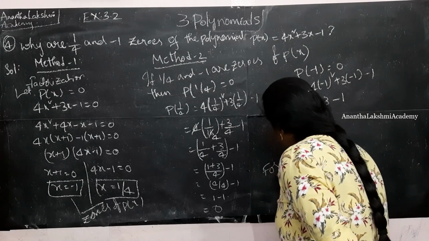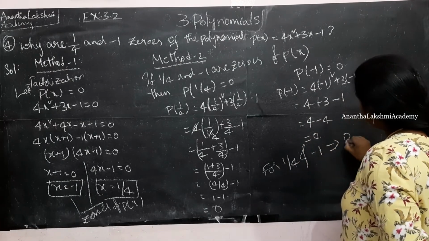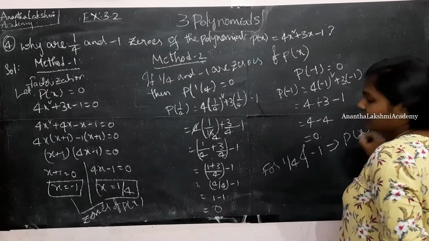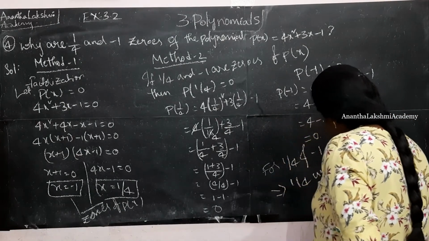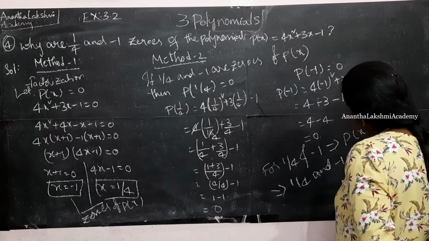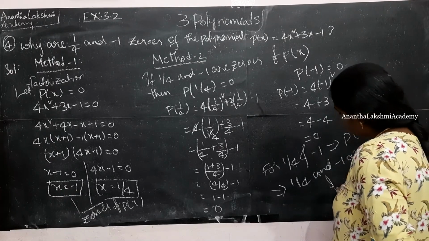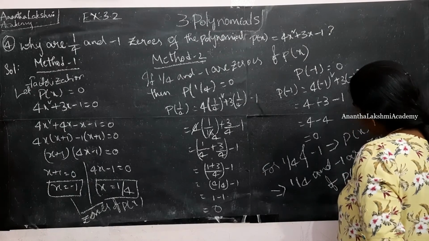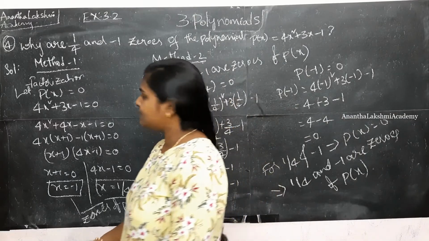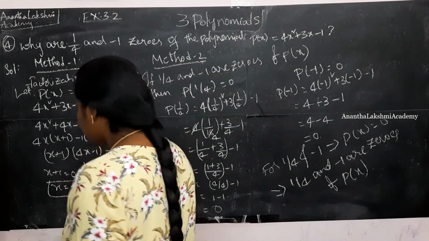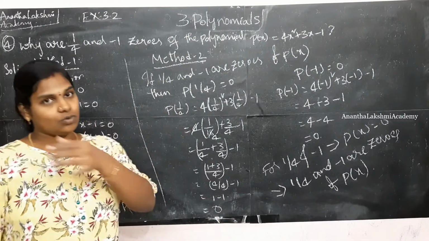For 1 by 4 and minus 1, p of x is equal to 0, which implies 1 by 4 and minus 1 are zeros of p of x, isn't it? So there are two methods to solve this problem. I have given you both the methods. Which one is easy for you, you can do it in your own method.